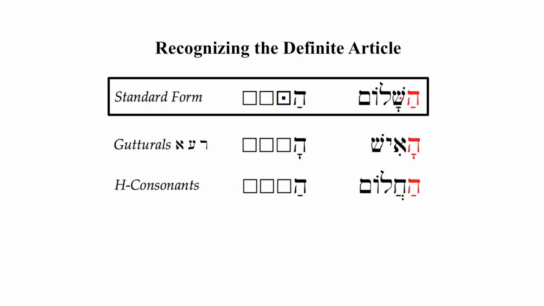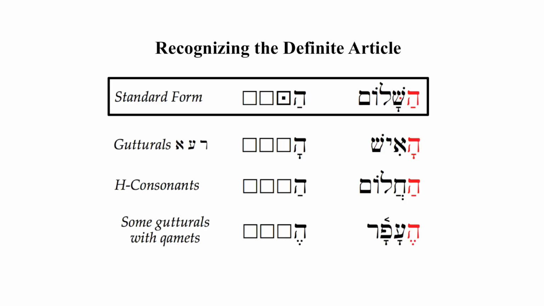They simply cannot double. Somehow these letters are strong enough that they don't require that you compensate by lengthening the vowel. You'll see them in the form that you see here with a patach, almost as if it was a standard form. In fact, they often refer to this as implicit doubling. You can't see it, but it's implicitly doubled because of the weight of those letters.